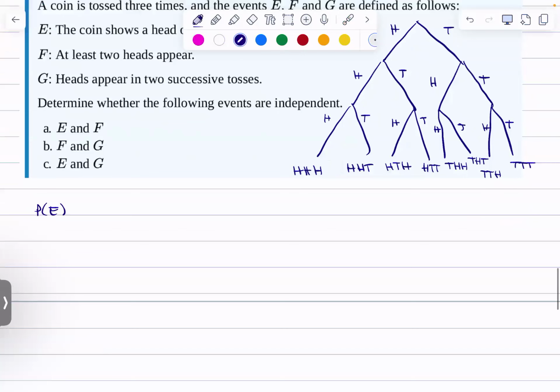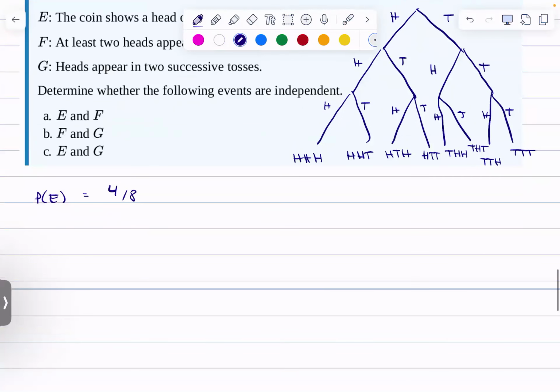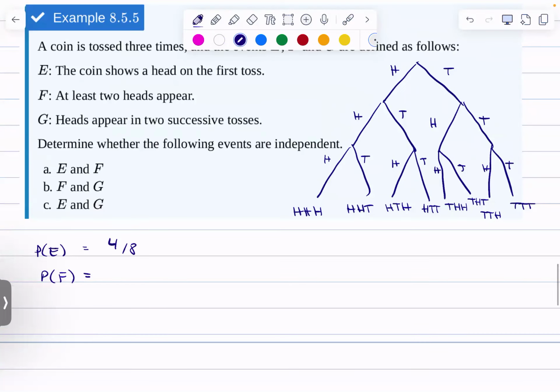And so the probability of E is 4/8. The probability of F is at least 2 heads appear. And that's the benefit of drawing out your sample space, is now you can look at it to find it.